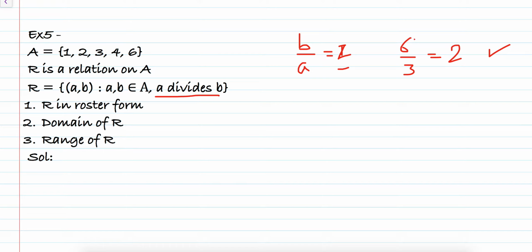So if b is 6 and a is 3, this satisfies the condition. But if we divide 6 by 4, 6 does not come in the table of 4, so we get a decimal number, 3 by 2 or 1.5. So 4 does not divide 6.